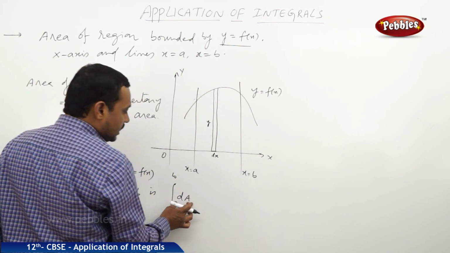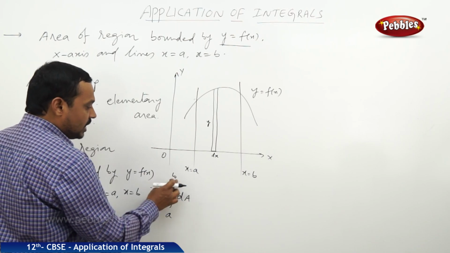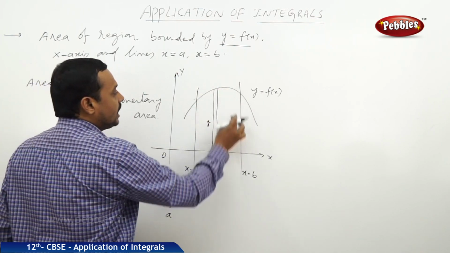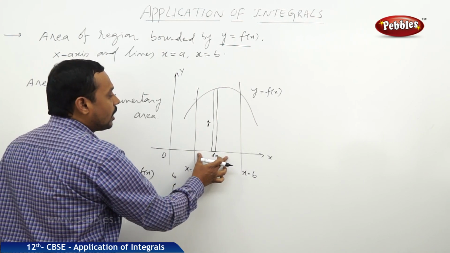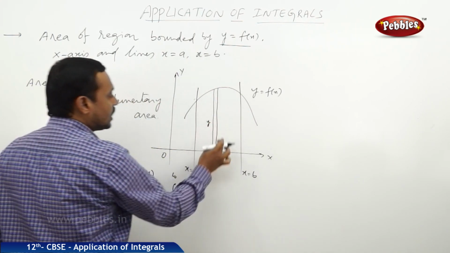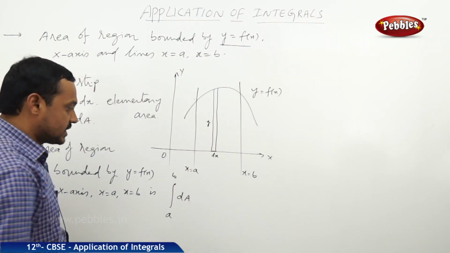So integral of dA under the limits a to b represents the area of the region, as well as the sum of the large number of strips that are defined between x is equal to a and x is equal to b.